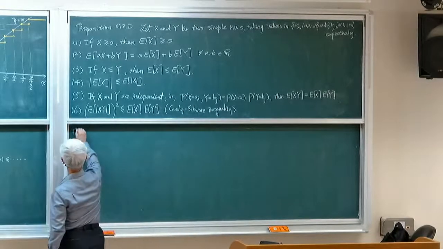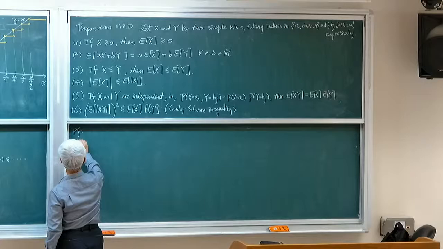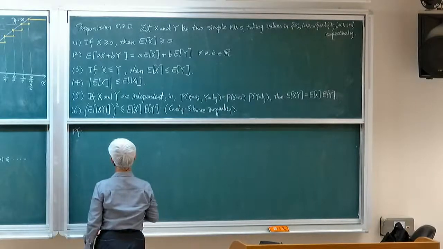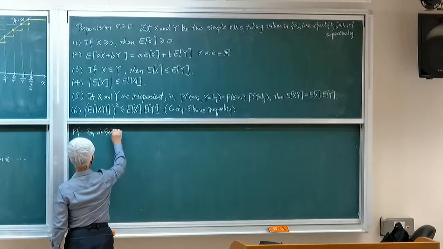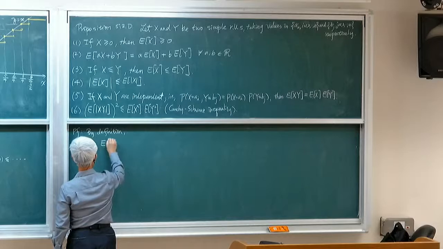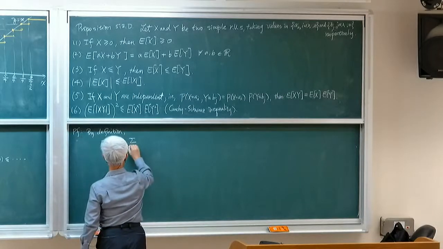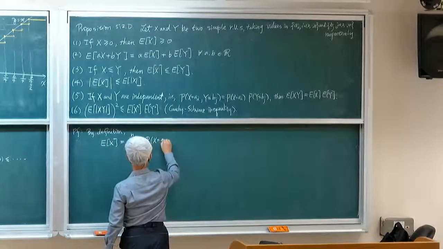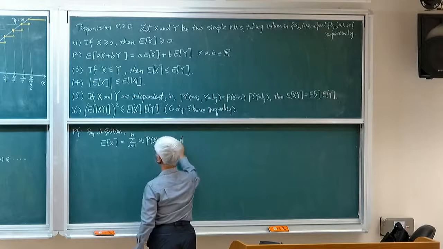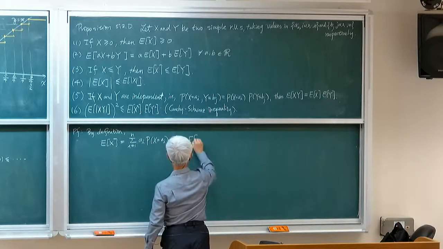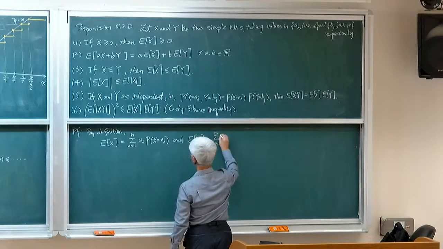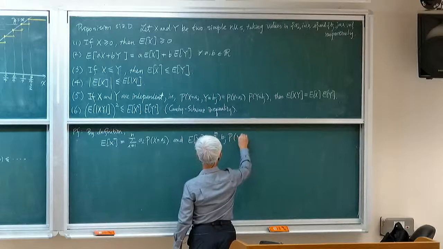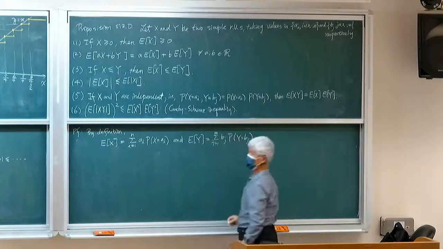Okay, so let's show it. By definition, the expectation of X is the sum over i from 1 to n of ai times the probability that X equals ai, and the expectation of Y is the summation over j from 1 to m of bj times the probability that Y equals bj.